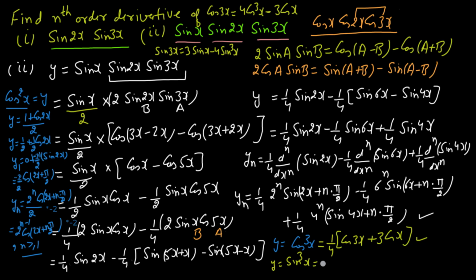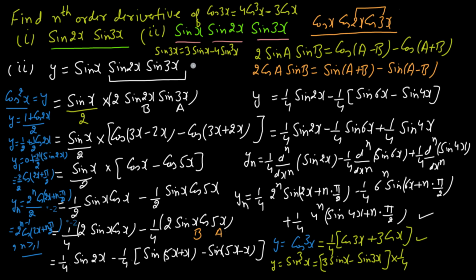So this will be 3 sine x minus sine 3x, divided by 4. From here you can easily calculate the nth order derivative of sine cube x.